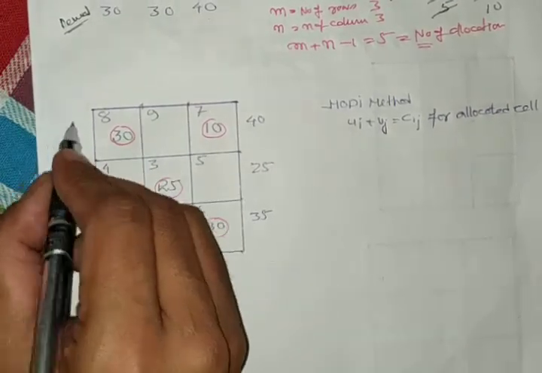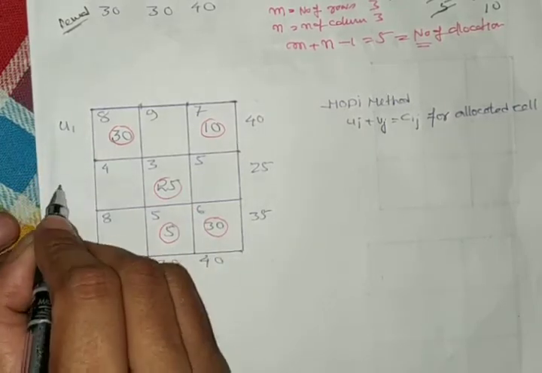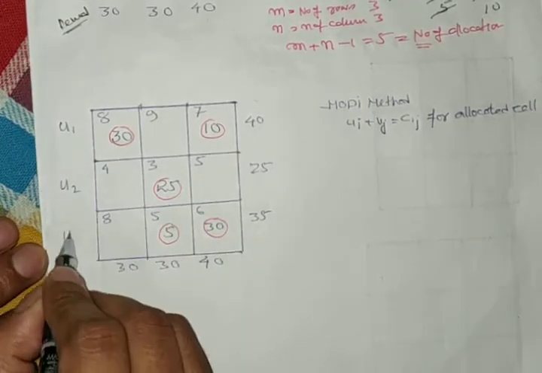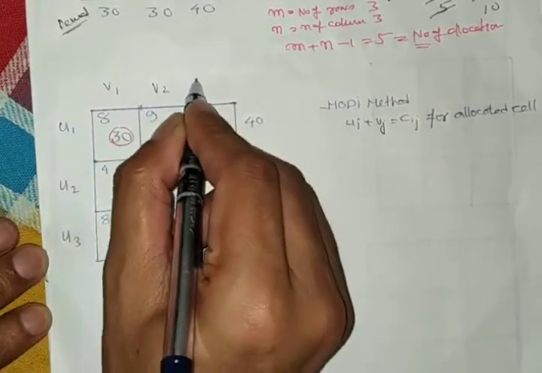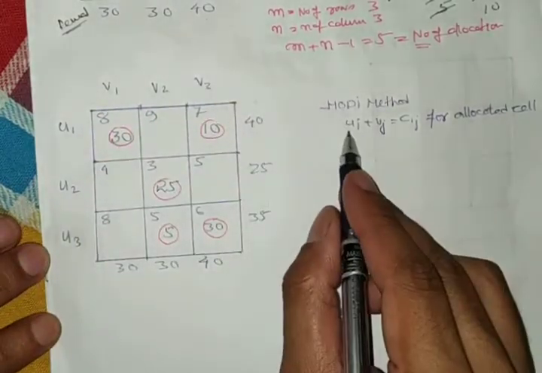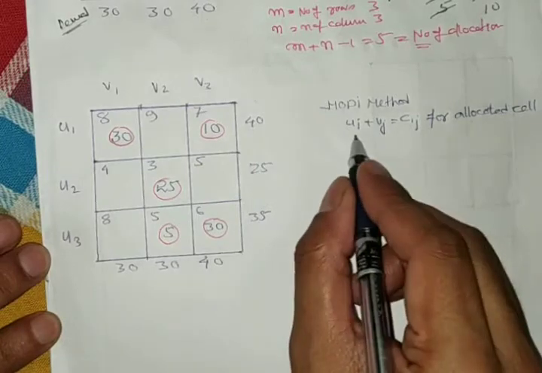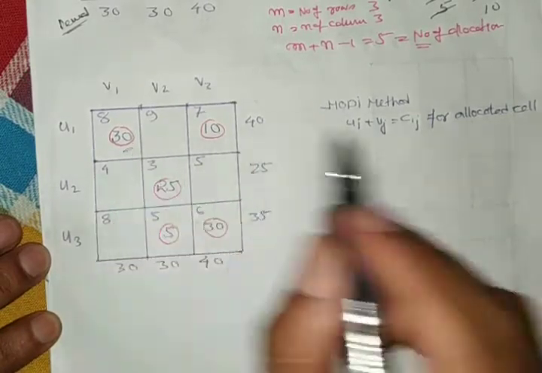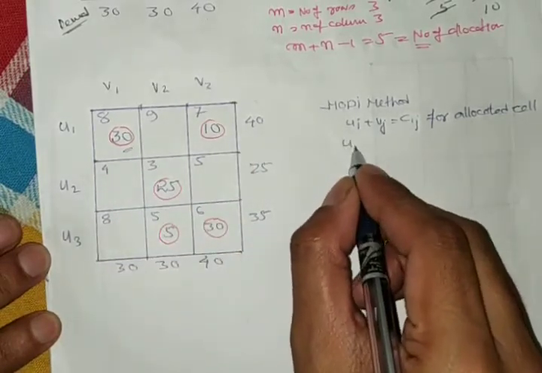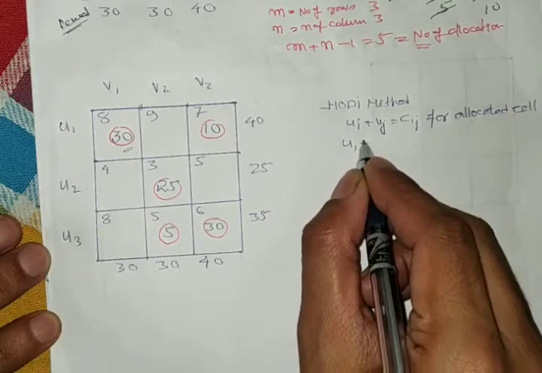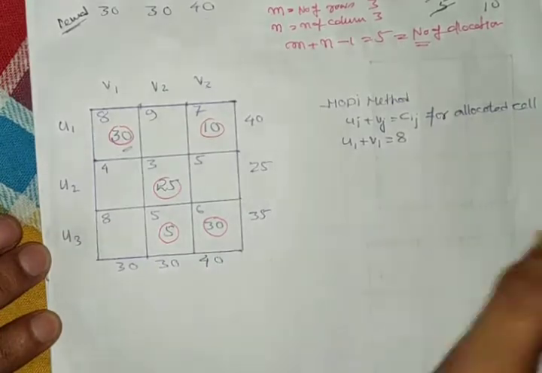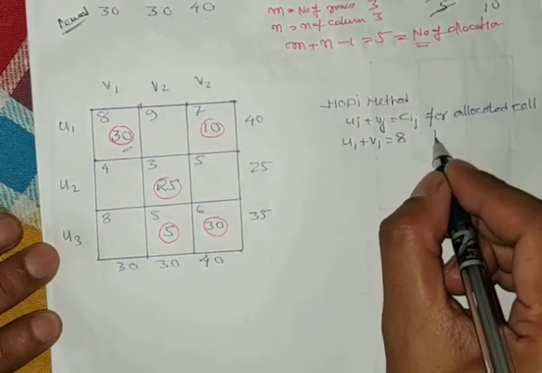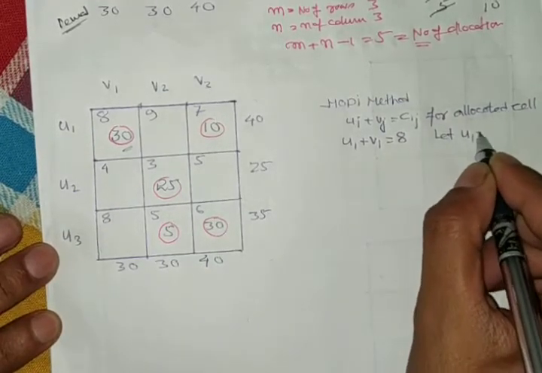So let's put here, this is suppose U1, this is U2, that is U3, this is V1, this is V2, this is V3. So for the allocated cell, this one will be U1 plus V1 is equal to 8. So we assume U1 is equal to 0.